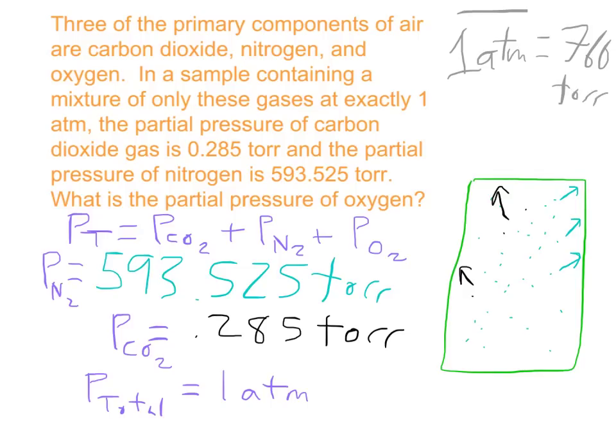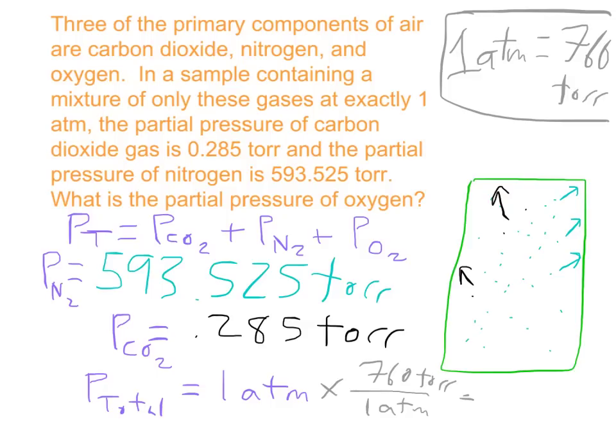So if something is equal to one another, I call this a truth, and you can put this truth as a fraction and convert 1 atmosphere into torr using dimensional analysis, where what goes on the bottom is the unit that you're going to start with. So you're going to put 1 atm on the bottom, and on the top you're going to put 760 torr.